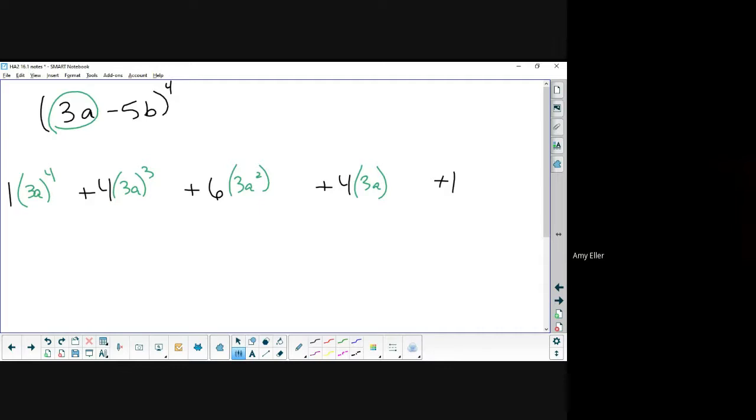Before it was just a, so a to the fourth, a to the third. Whatever term is there, write all of it in parentheses. Okay, now we're going to write all of this with the minus sign going the opposite direction.